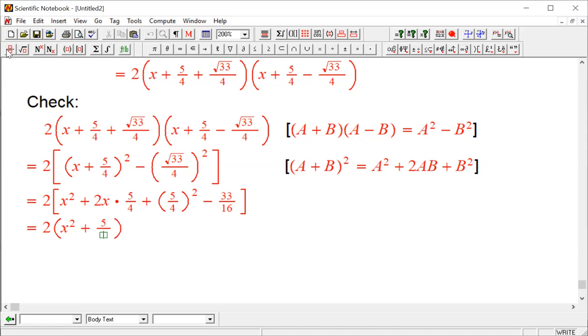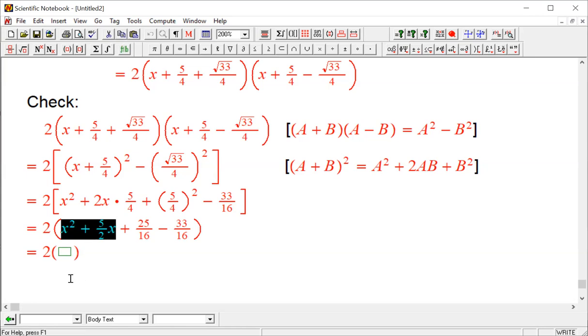Plus 25 over 16 minus 33 over 16. 2 still stays outside, and then we're going to work with the inside.